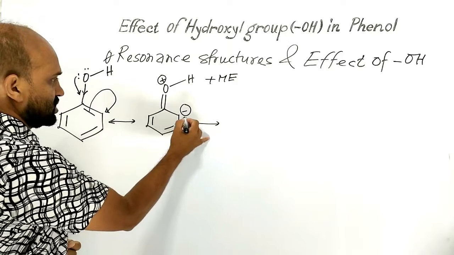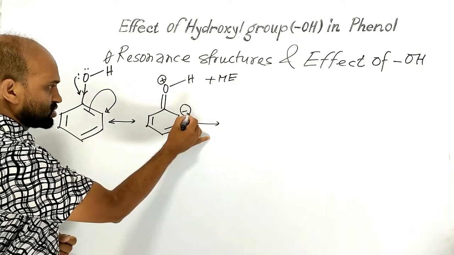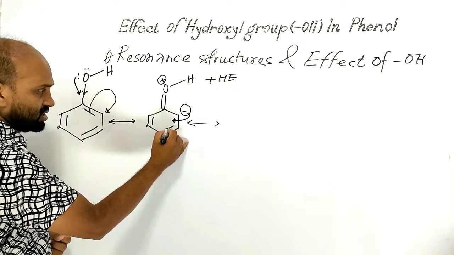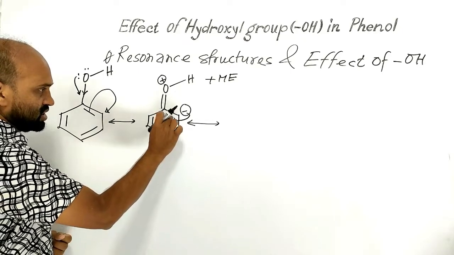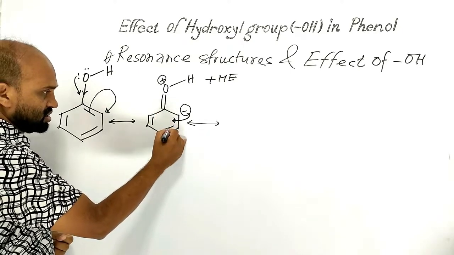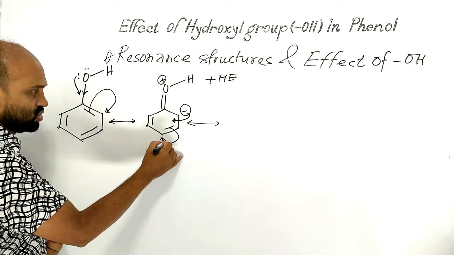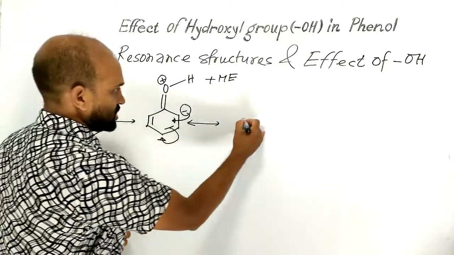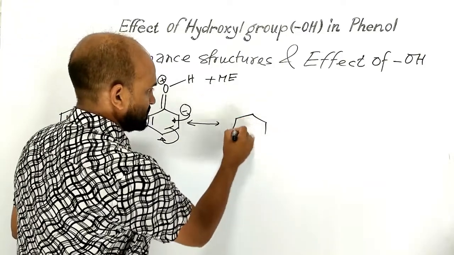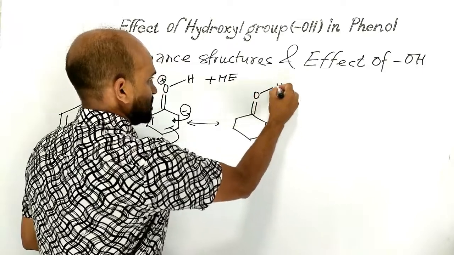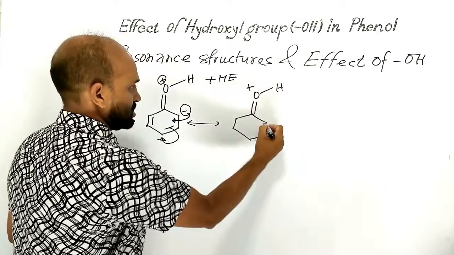Now these lone pair of electrons turn into bond pair, and similarly, to diminish this electron-electron repulsion, these pi bonded electrons turn into lone pair electrons, and then we get this entity, double bond, oxygen, hydrogen plus.